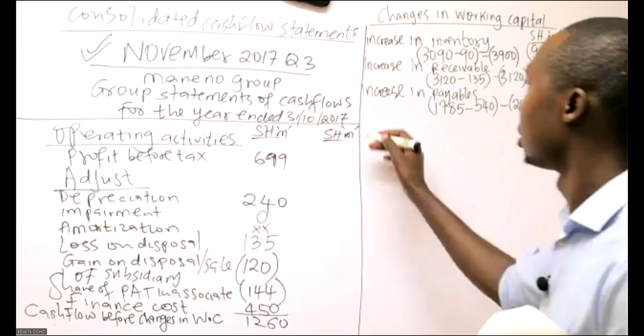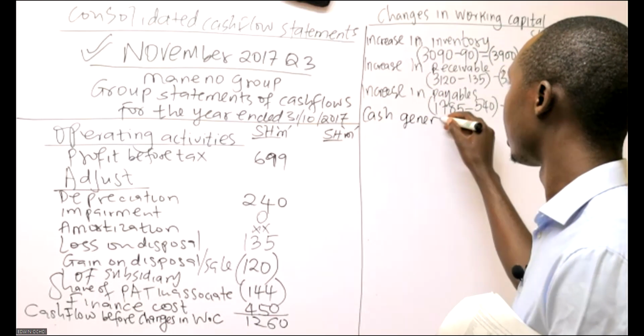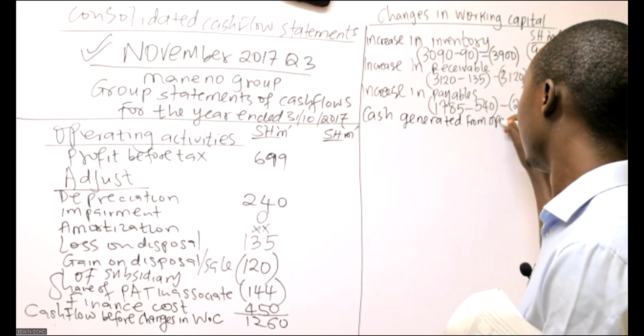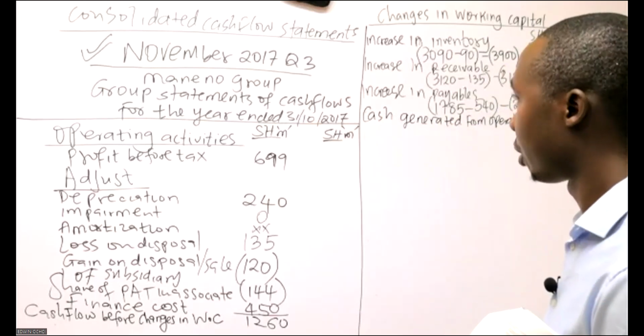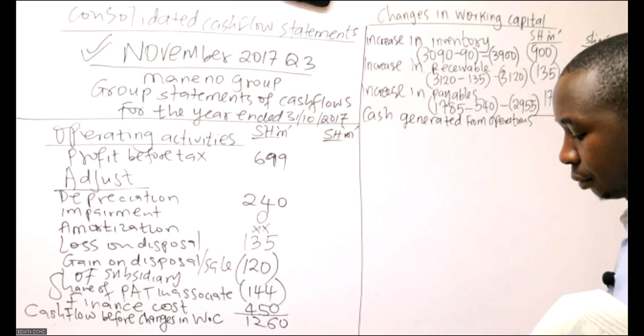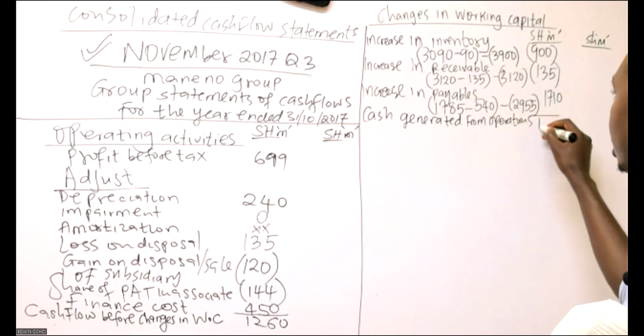So up to that point, we have the cash generated from operations. If I take 1260, I minus 900, I minus 135, I add 1710, I will get 1935.